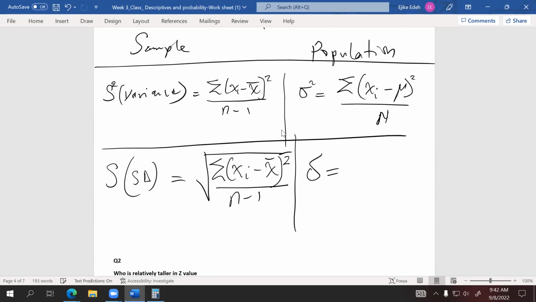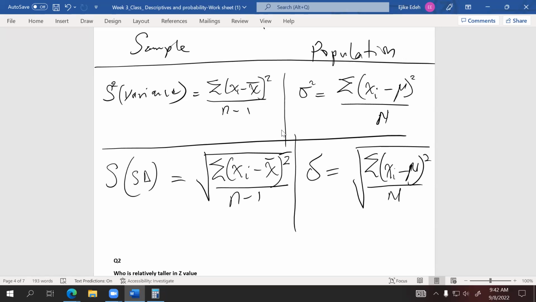For population, it's the same thing, the square root of whatever you have as the formula for variance. So this is where it matters a little bit that you have a sample formula and a population formula. For the mean, it doesn't matter. You're going to get the same result both ways.